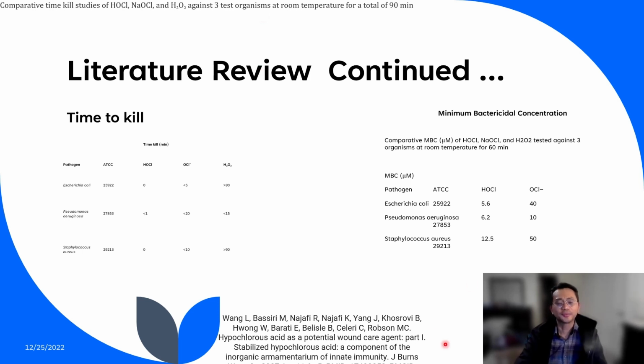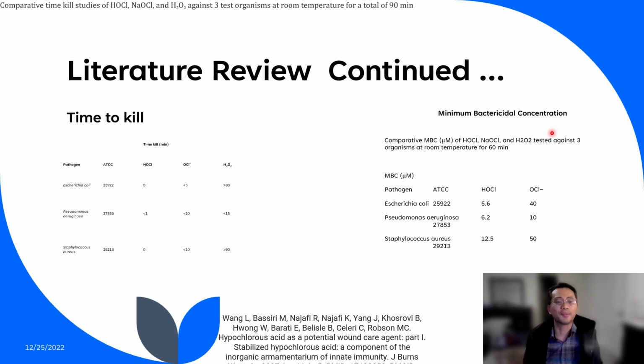Now if you look at the other side of this slide, we have the MBC, the minimum bacterial concentration, which is the lowest concentration of antimicrobial agent required to kill a particular organism.